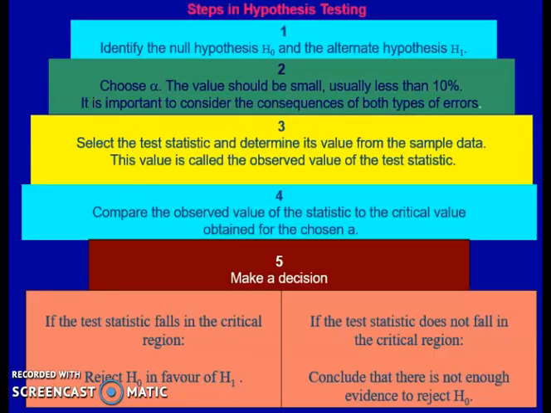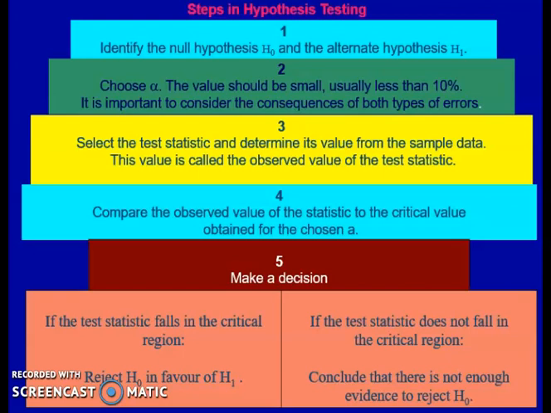Here we get back to the same steps in hypothesis testing. Second is choosing alpha, the value, p small, usually less than 10%. It is important to consider the consequences of both types of error. Then you need to set the test statistic. It could be a value from the sample data, called the observed value of the test statistic, using some statistical tools to analyze it.